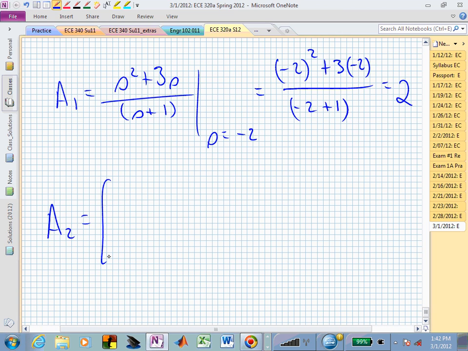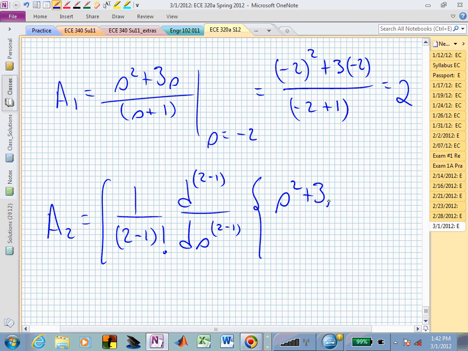This is now, using our formula, j equal 2. We now have 2 minus 1 factorial. And what do we have up in this? We have s squared plus 3s over s plus 1.